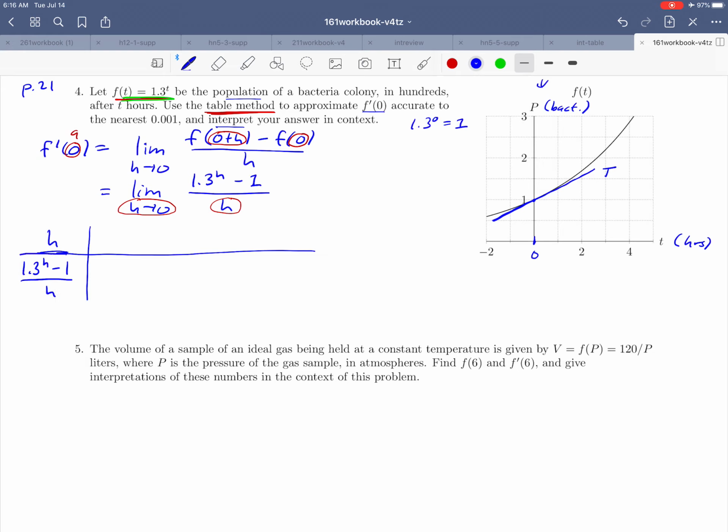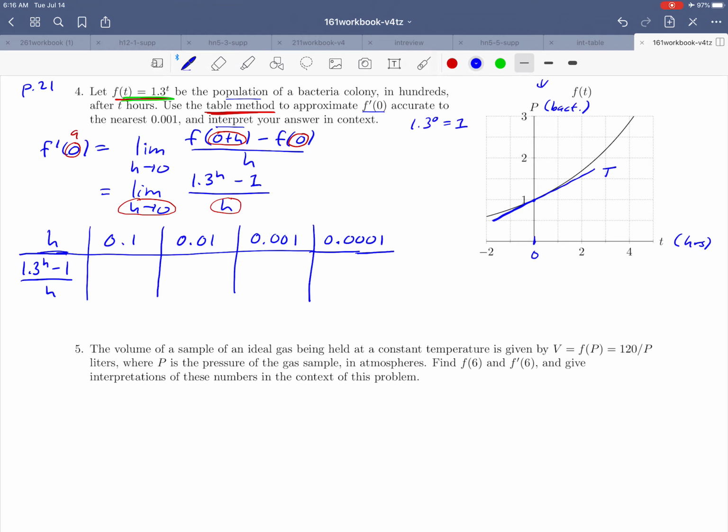That's what we're taking the limit of. Because h is approaching 0, we want to choose a list of numbers that gets close to 0. So maybe 0.1, 0.01, and so on. We're just going to try to get a feel for what this 1.3 to the h minus 1 over h approaches as h gets small.